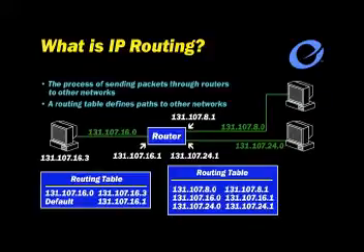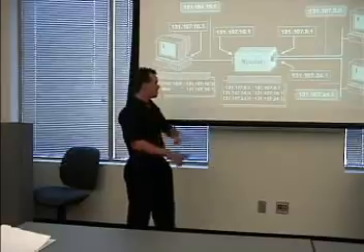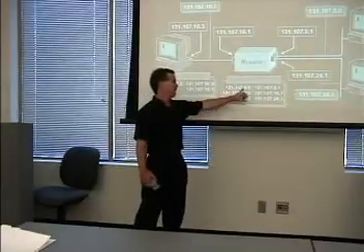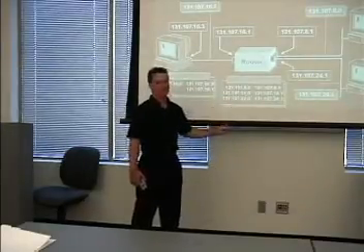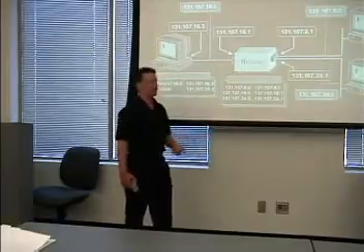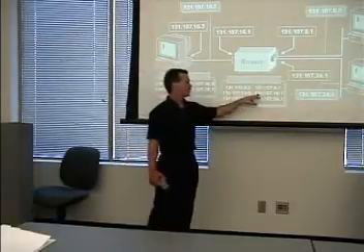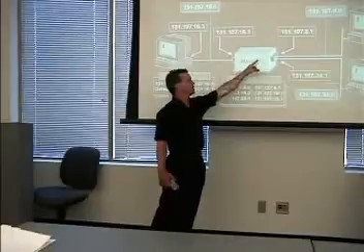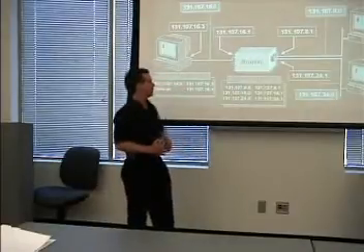The router would then check its routing table. Notice that we have mappings of the 8.0, 16.0, and 24.0 subnets, and their corresponding default gateways, which are the individual ports on the router as we see.